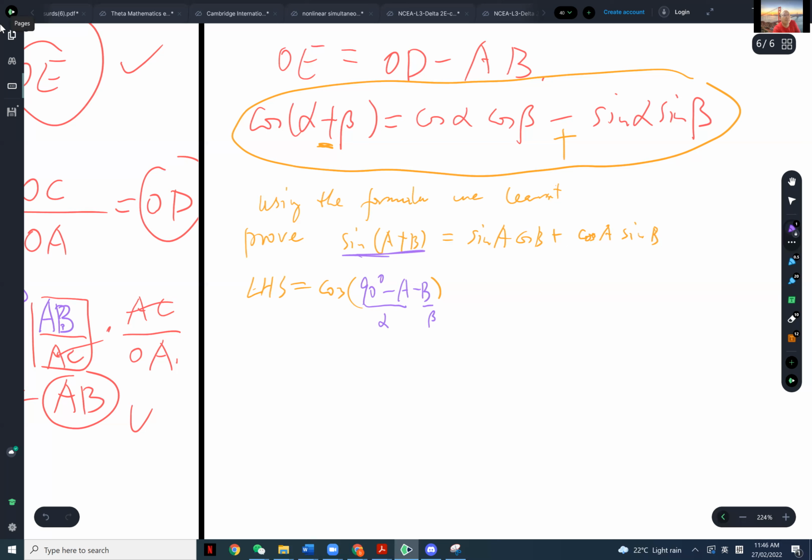Using the formula, alpha minus beta, cos cos plus sine sine.